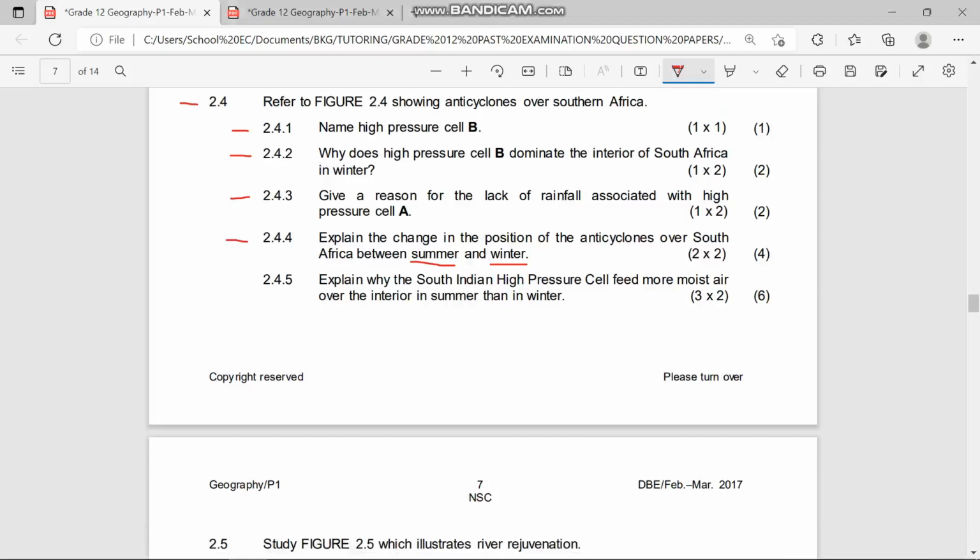Okay, so 2.4.5 says explain why the South Indian high pressure cell feed more moist air over the interior in summer than in winter. You know the fact that the South Indian high pressure, it's in the Indian Ocean, in the east, which is very, very warm. Because of that warm Mozambique current, that water in that side originate from the equator.